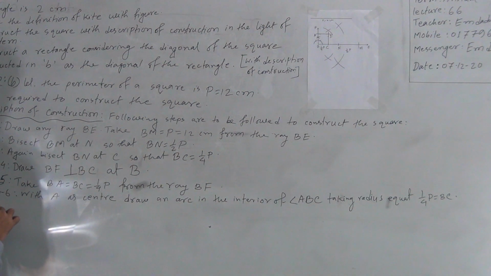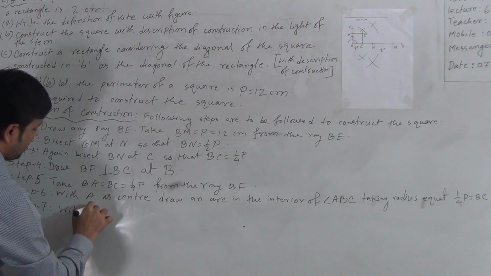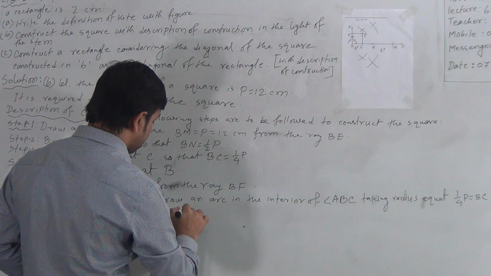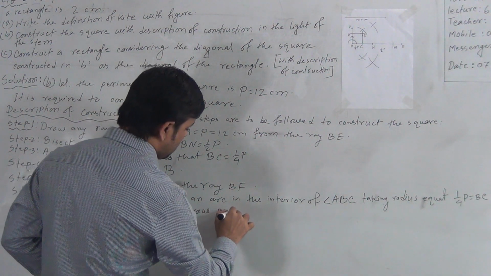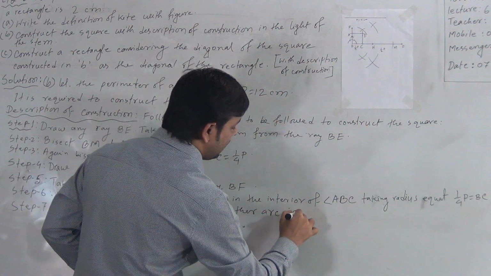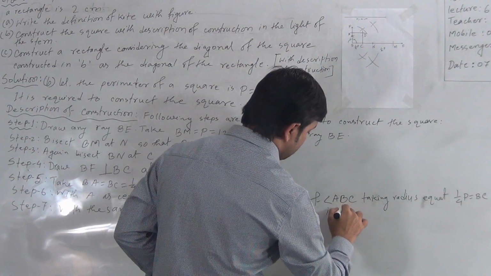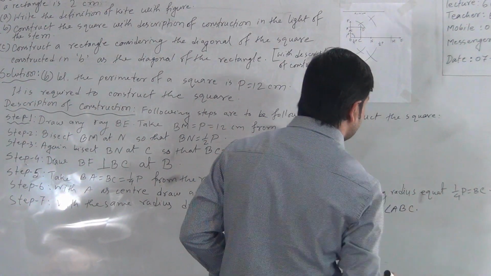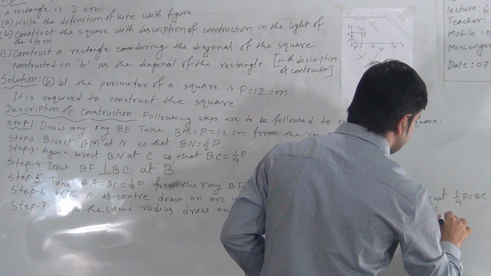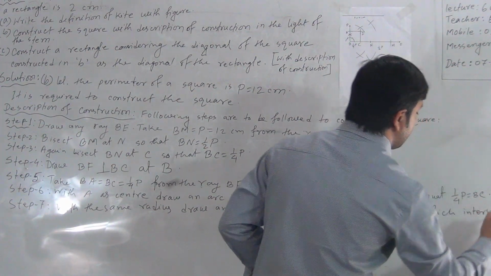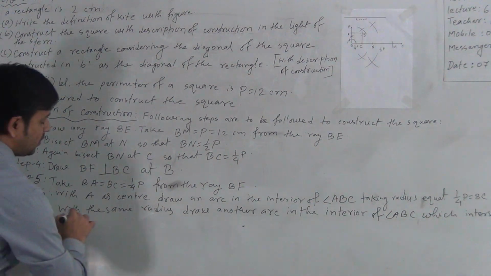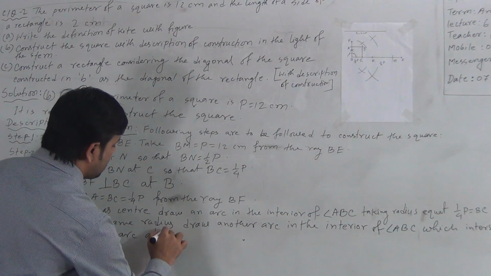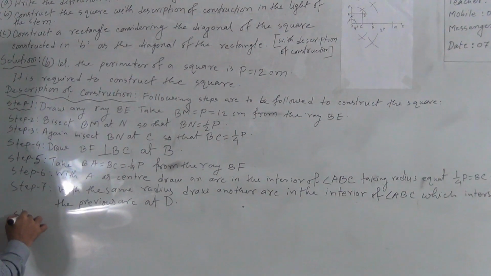Step 7. With the same radius, draw another arc in the interior of angle ABC, which intersect the previous arc at D. Step 8.